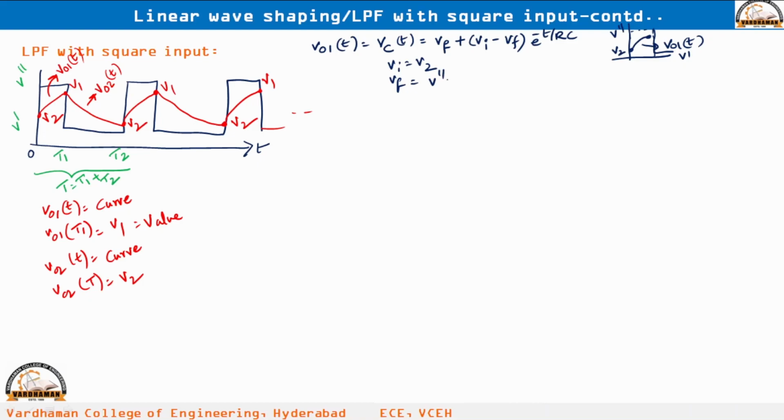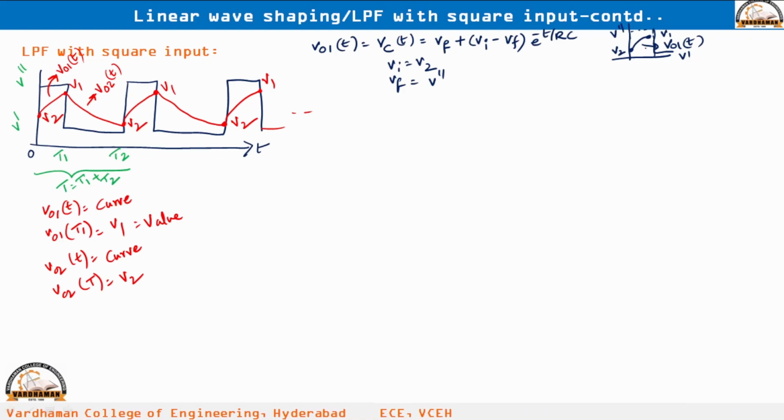We are maintaining the input voltage V double dash, but because of the discontinuity it charged up to V1 only. Otherwise, if there is no discontinuity, it can charge up to V double dash, because input is V double dash just before the discontinuity. That is why the final value we have to take V double dash.